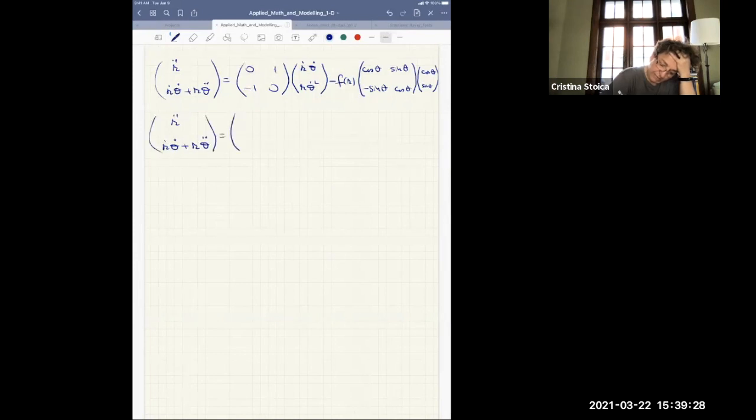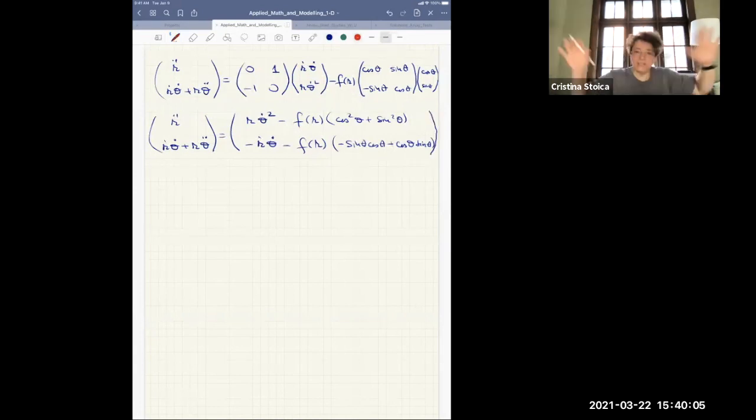From the first line, we have an R theta dot squared minus f of r times cos squared plus sine squared. Isn't that a little miracle going on? And for the second line would be minus r dot theta dot, and then minus f of r times minus sine cos plus cos sine.